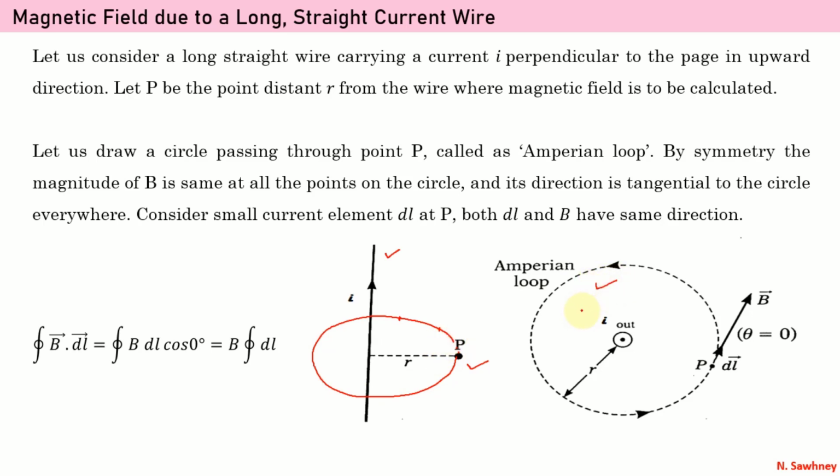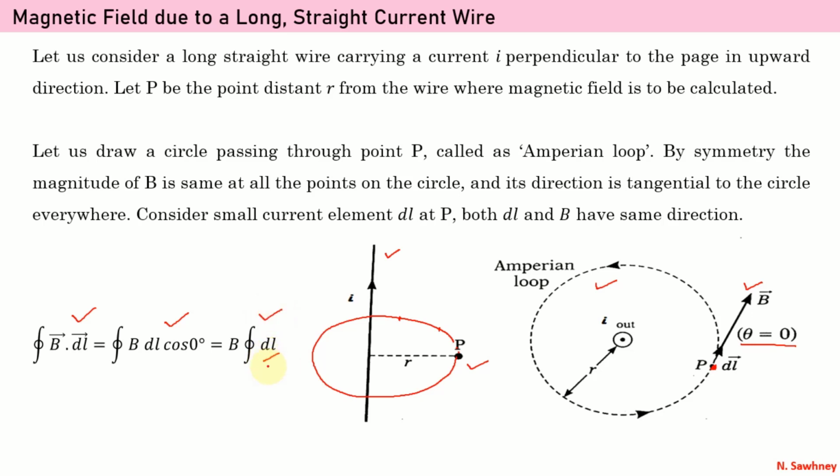This is the top view, and here we have considered a small element dl at P. Both this dl and the tangential component of the magnetic field have the same direction, so angle theta is taken as 0. So when we calculate the line integral of B dot dl, the angle between them is 0, so it will be written as B integral dl.